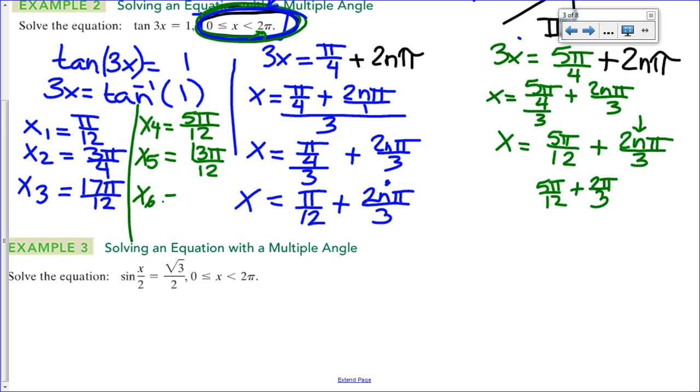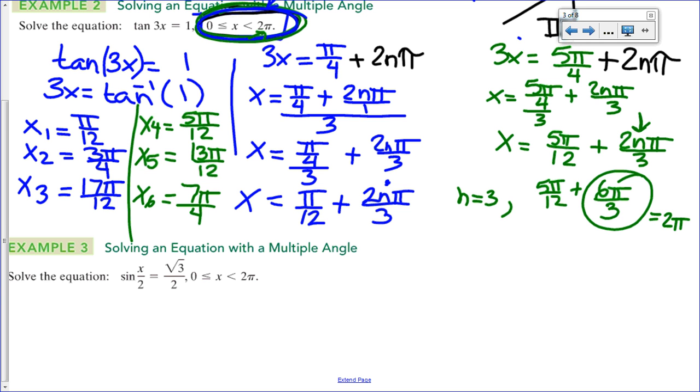All right, so let's do one more. So now we're going to make this n equal to 2. So that means we're going to be adding 2 times 2 is 4, so we're going to be adding 4 pi over 3. 7 pi over 4. We're still okay, right? We're not outside the 2 pi. And now if we make n equal a 3, think about it. That will make this n be a 3. So 2 times 3 is 6. And isn't it true that 6 pi over 3 is equal to 2 pi?